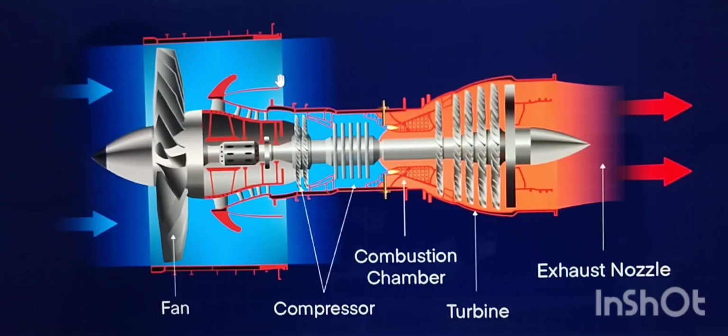So let's discuss how this fan engine works and how it gives us thrust. Initially the fan will be rotated by what we call an air starter, or a starter generator powered by electricity.